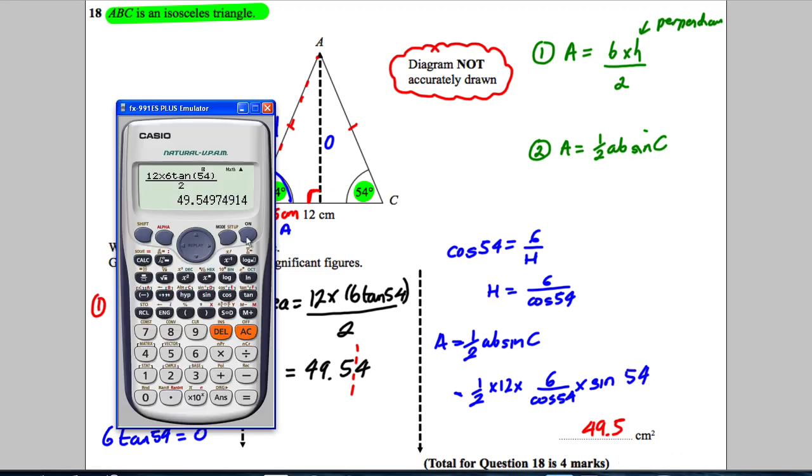Type that in your calculator, hopefully we'll get the same thing. So we've got a half multiplied by 12 multiplied by 6 over cos 54, and then we're multiplying that by sine 54. This perhaps is more complicated, but hey presto, we get 49.5 as well.